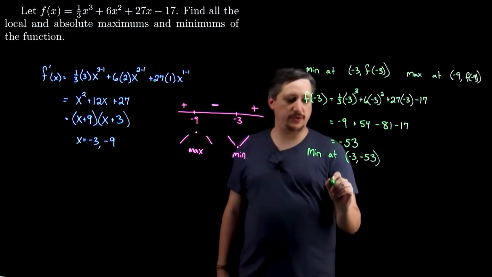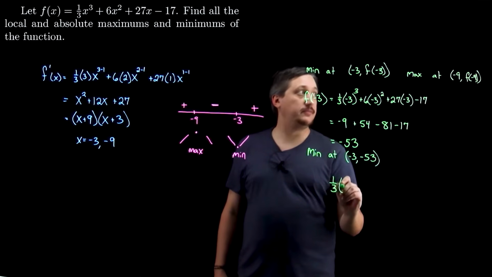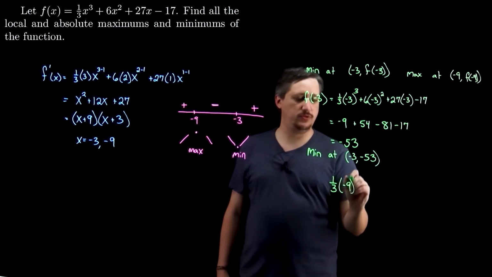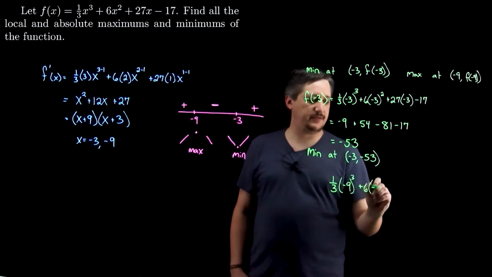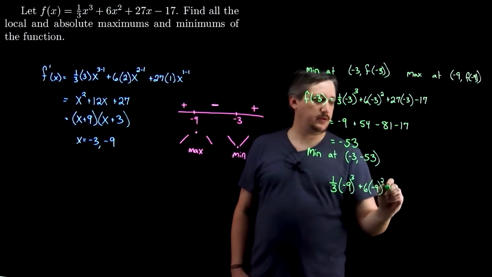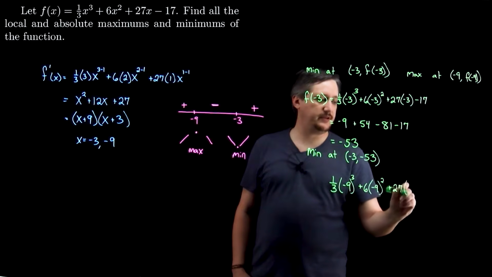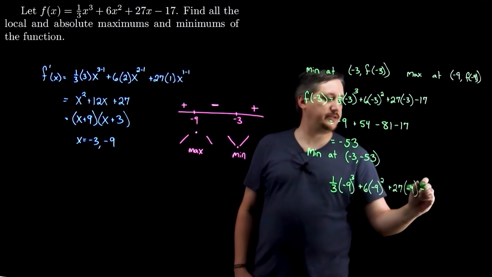So I need to do 1/3 times negative 9 cubed, which is some gigantic number, plus 6 times negative 9 squared, plus 27 times negative 9, minus 17.